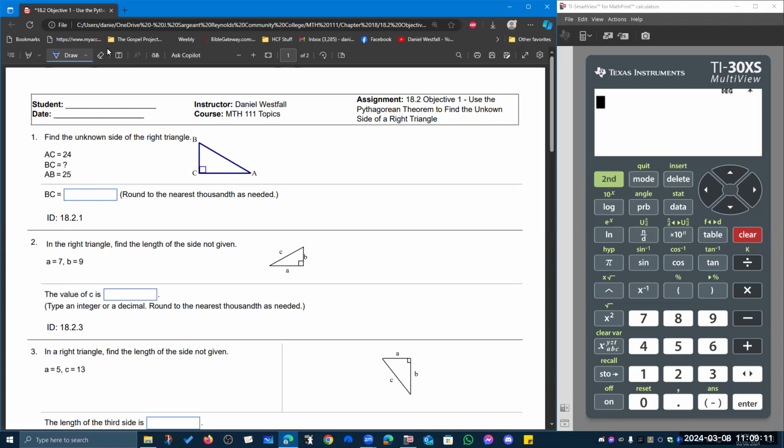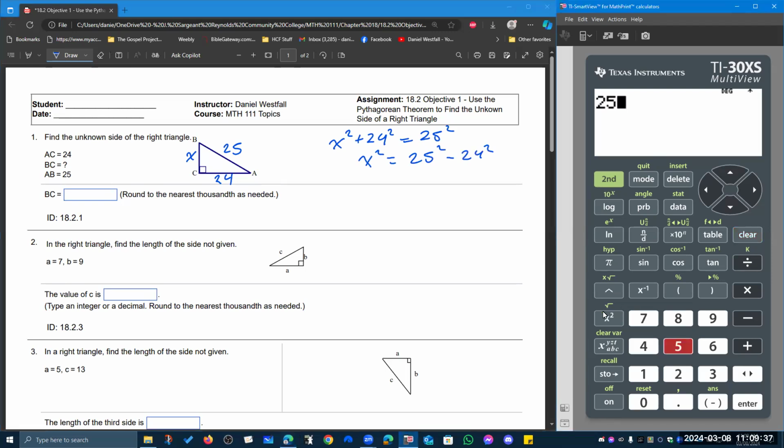solve these here, where this side is 24, this side is unknown, and this side is 25. So we have x squared plus 24 squared is equal to 25 squared. So x squared is going to be 25 squared minus 24 squared.